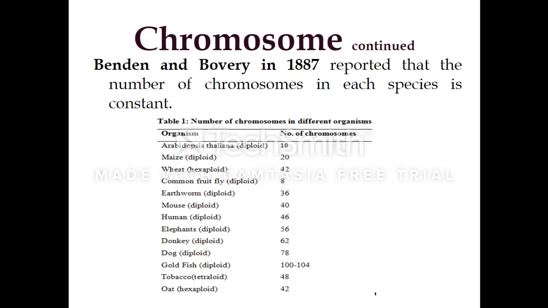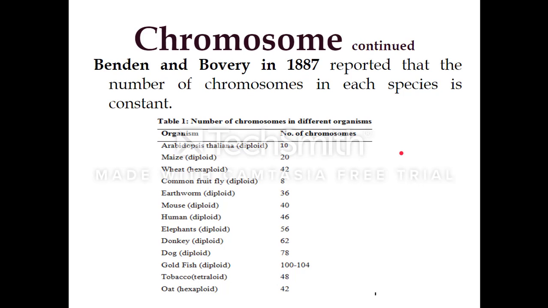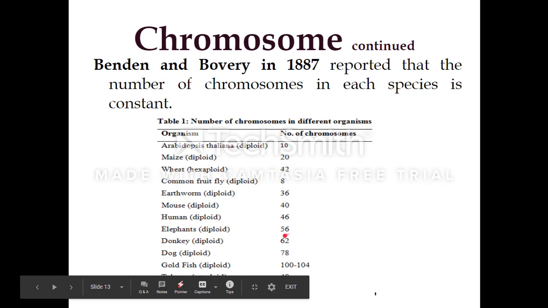Benden and Boveri in 1887 reported that the number of chromosomes in each species is constant. Arabidopsis thaliana has 10 chromosomes, maize has 20 chromosomes, human being has 46 chromosomes, donkey has 62 chromosomes and goldfish has 100 to 104 chromosomes.